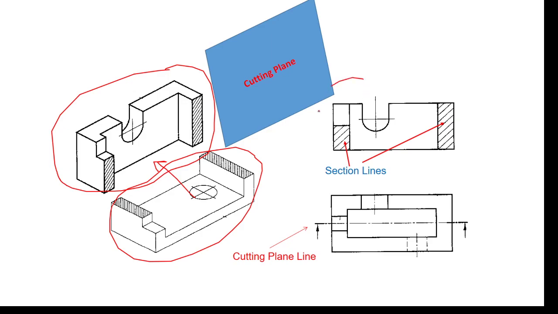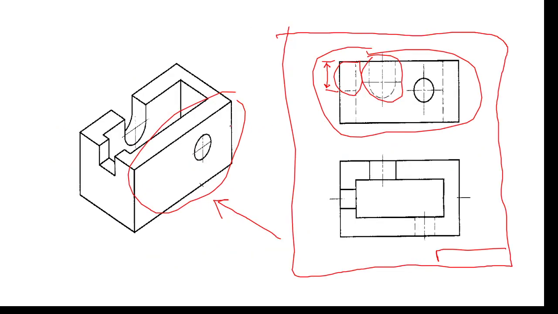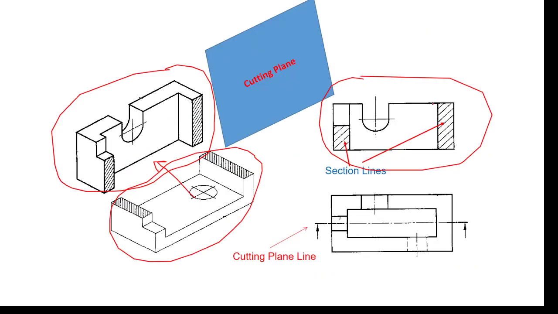Here on the page, we have the sectional front view of the remaining part of the object. This view is not the view of the entire object. It is just the image of the remaining part, called a sectional view.